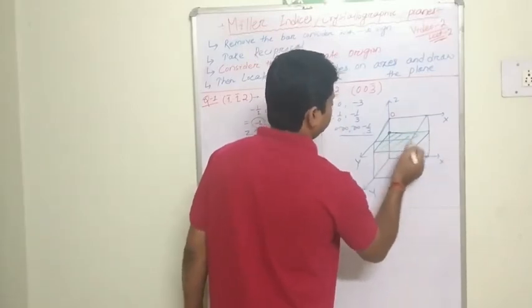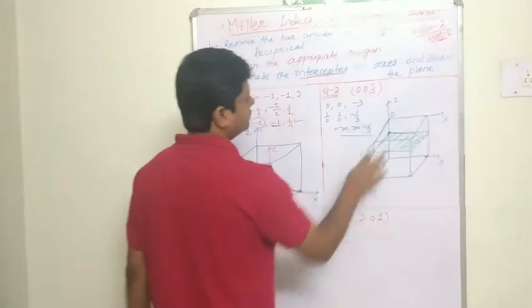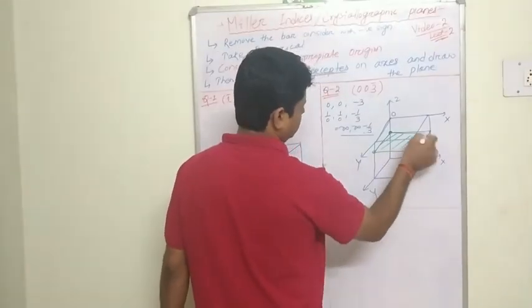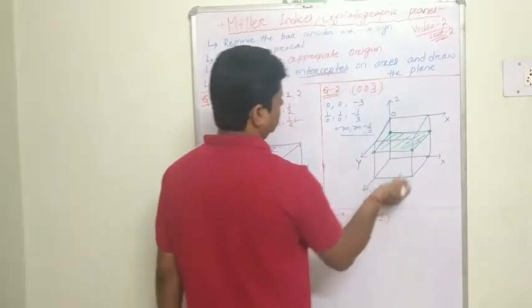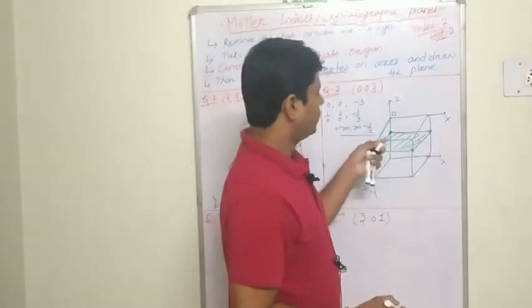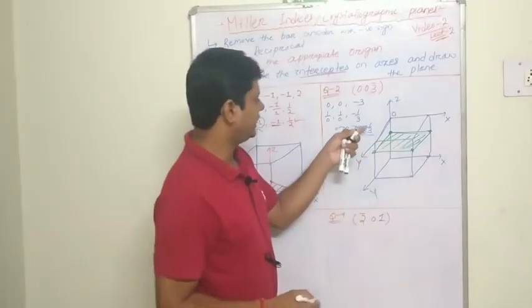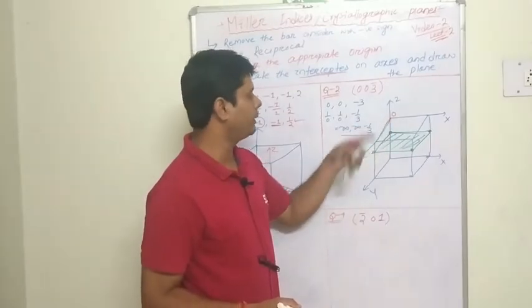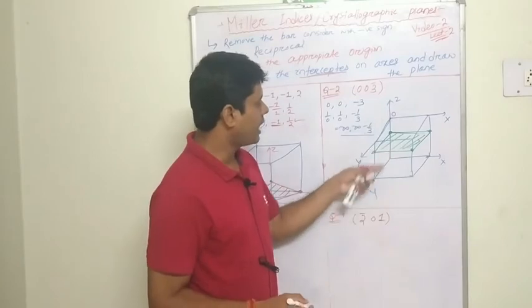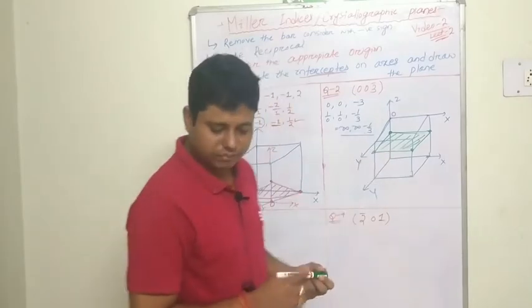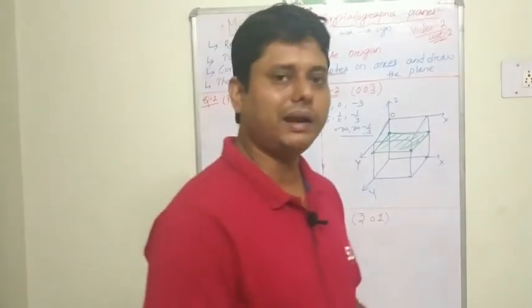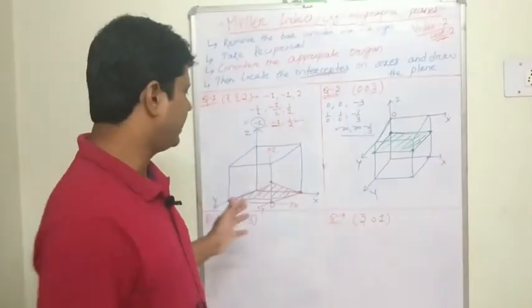Okay, so this plane cuts the z at 1 by 3, but negative 1 by 3, because we have taken the origin here, and it is parallel with both x and y axis. That means the plane cuts the x and y axis at infinite and infinite respectively.